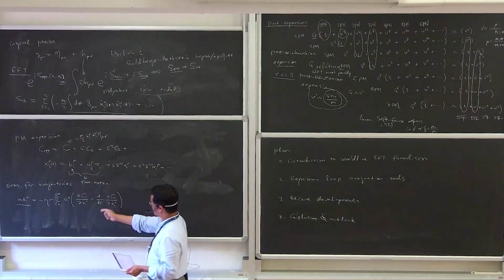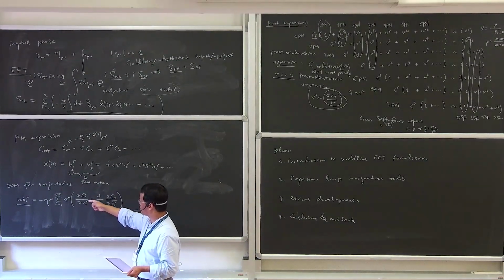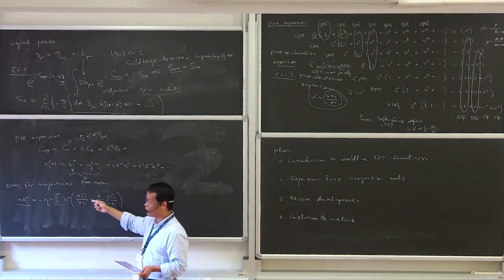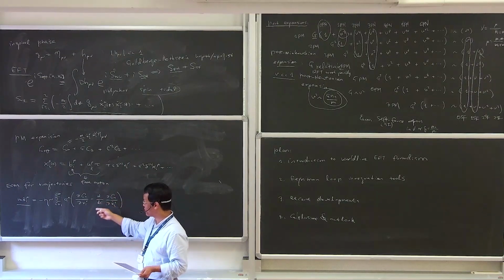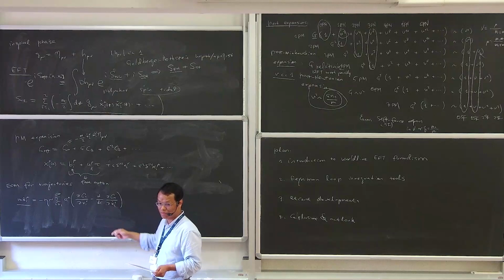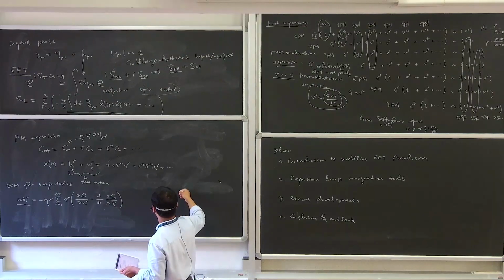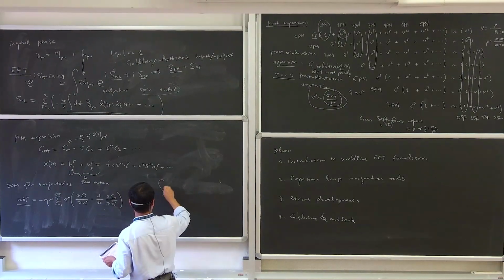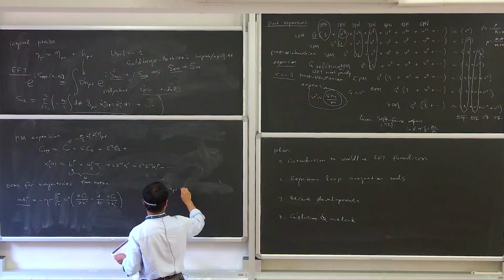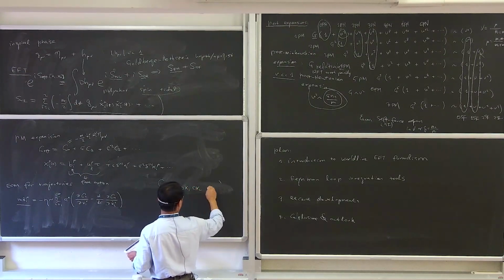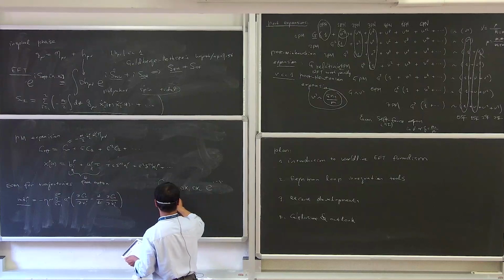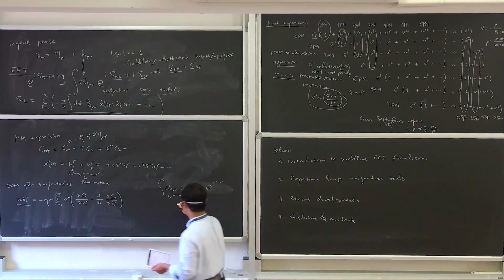Because we do not include the worldlines in the path integral, we just use the classical equation of motion. Of course, we can also take a classical limit.